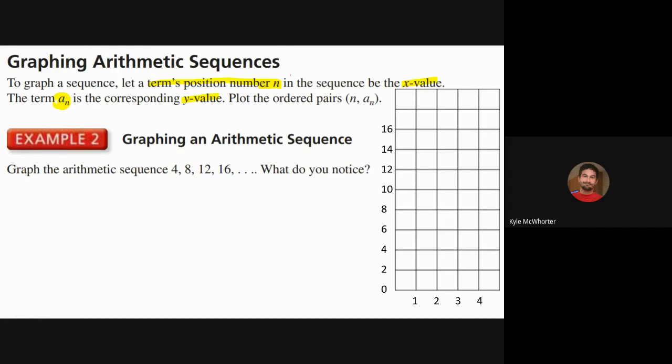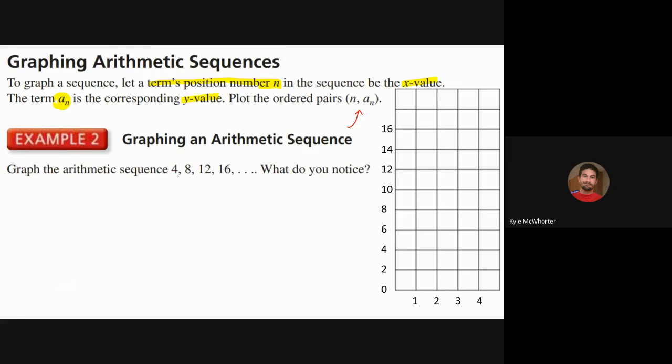So when we plot an ordered pair, it's going to go like this: n, meaning the term number, and then a sub n is the actual term.